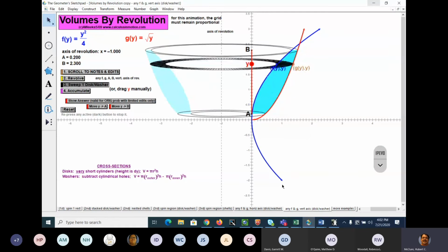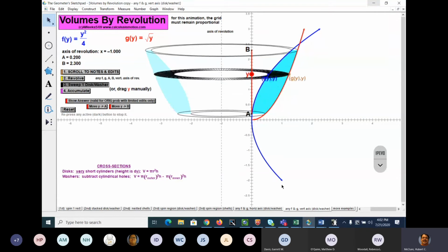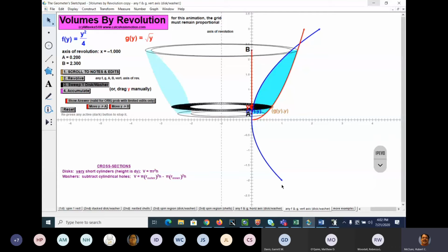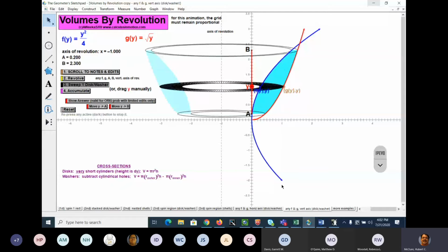So if I give you a function like this, and you might want to note this, it's a test question, and it's also the basic of a washer.